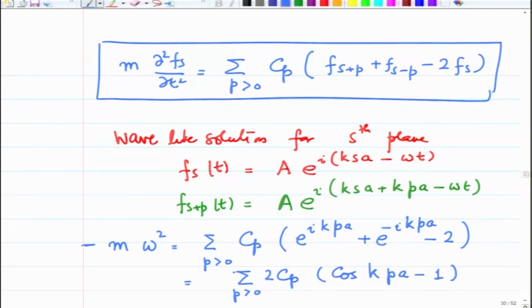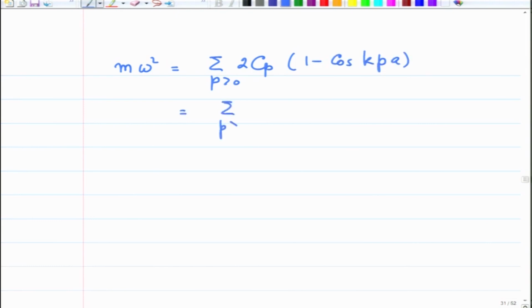There is a minus sign in front, and therefore, the equation of motion gives me m omega square. I take the minus sign to the other side: summation p greater than 0 2 Cp (1 minus cosine k p a), which is nothing but summation p greater than 0 4 Cp sine square k p a by 2.